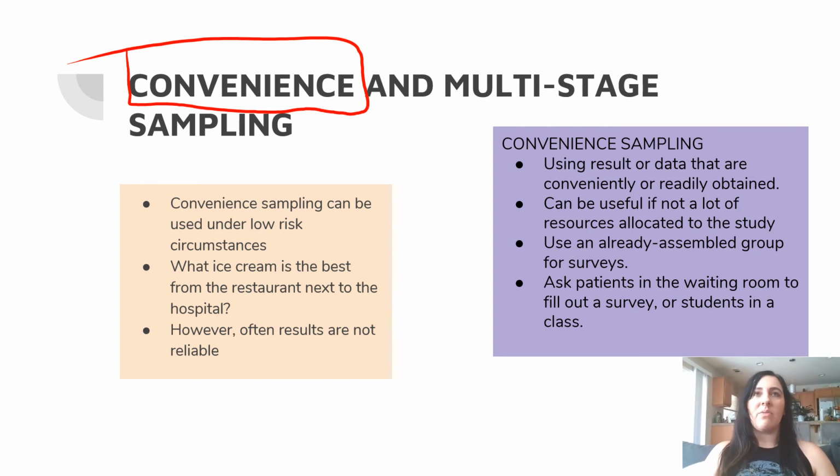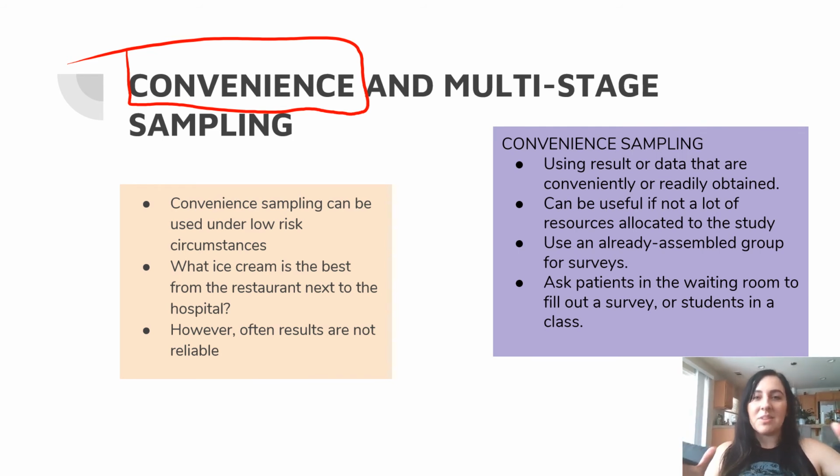So if you are like a starving master's student or a starving PhD student, you don't have a lot of money, you don't have all these grants, you can't allocate too much time, or you don't have the software or other things like that, so you can't gather larger lists or actually go out and fly around and interview different people or anything like that.